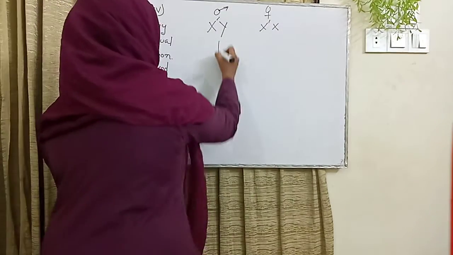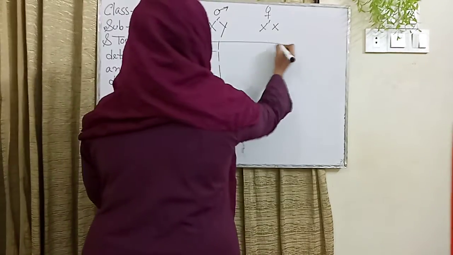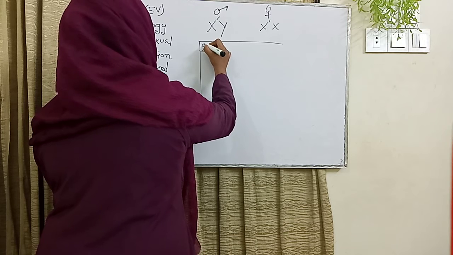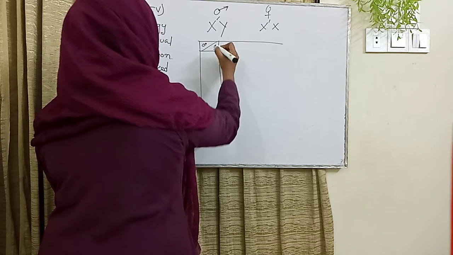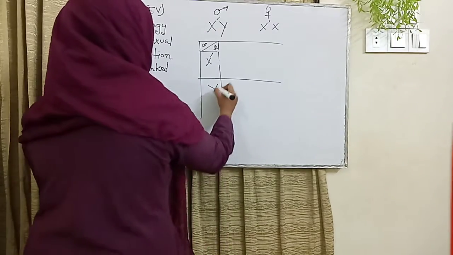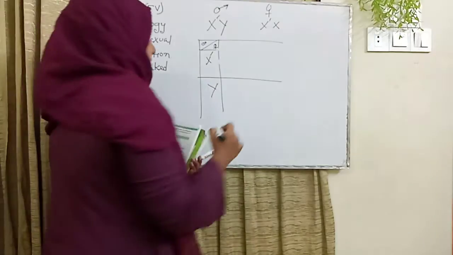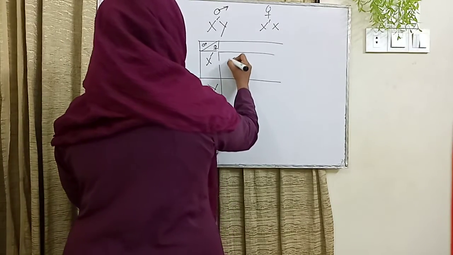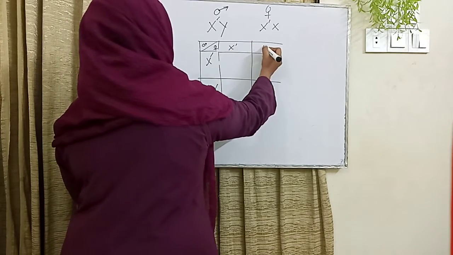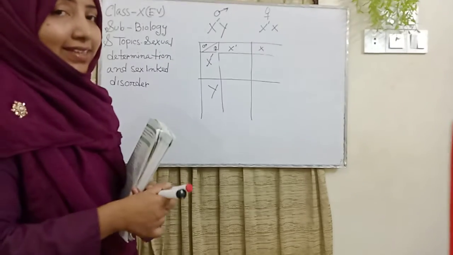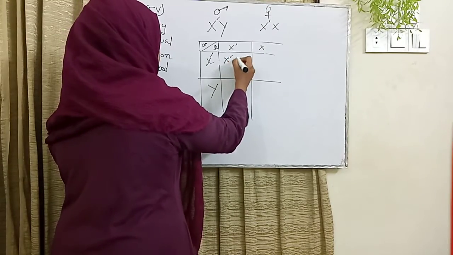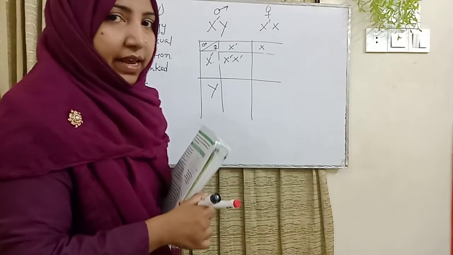Here I draw the Punnett square. In the first structure is the male and the other structure is the female. For the male, I write X prime and Y. And for the carrier mother, X prime and X. When I link X prime and X prime, yes, they are affected.